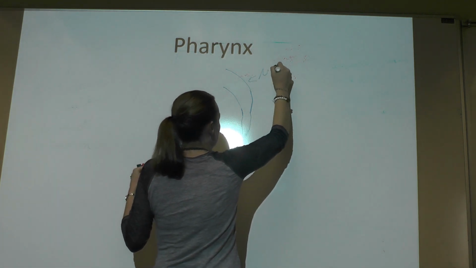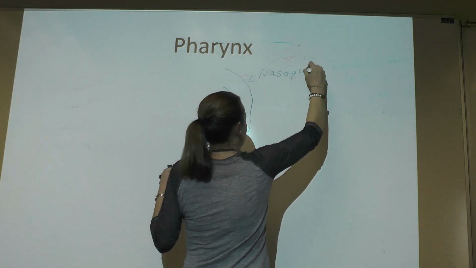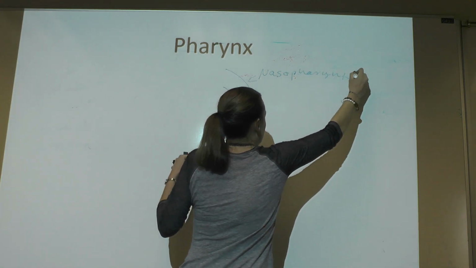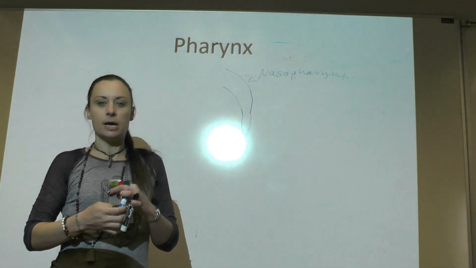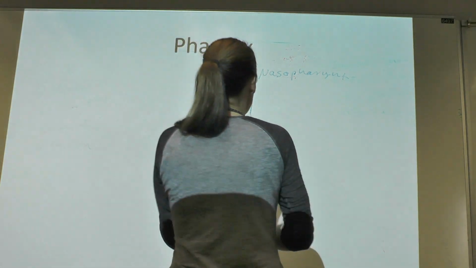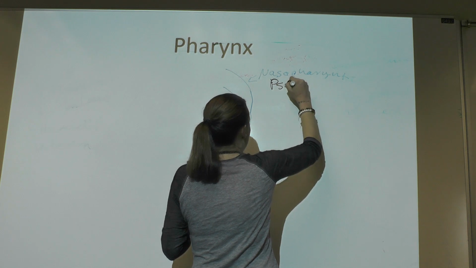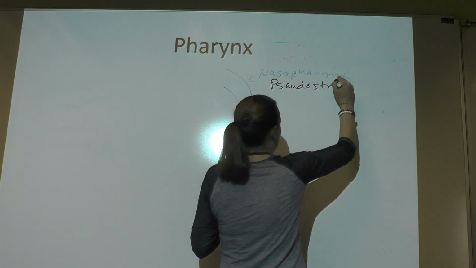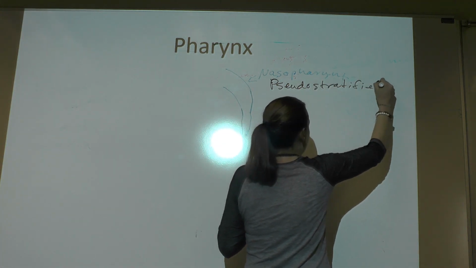So nasopharynx we have first. And if we look at the cells in the nasopharynx, we can see that these are also our pseudostratified ciliated columnar epithelial cells.